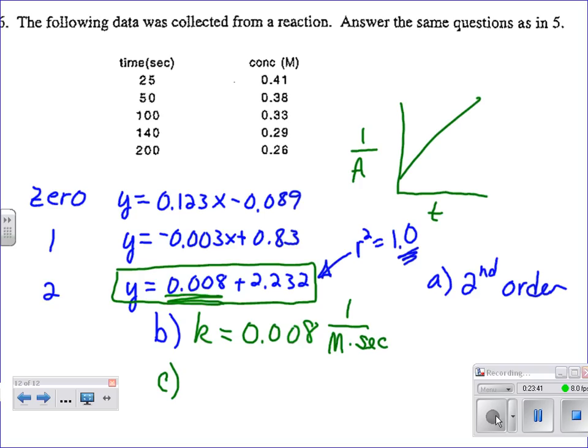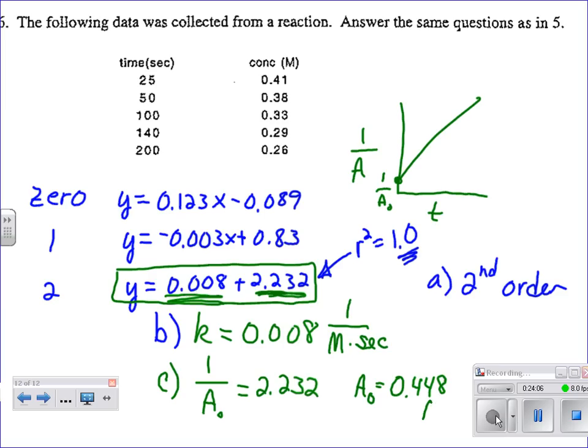So in this case, you're really looking at 1 over your original concentration, which means that 1 over our original concentration equals this value, 2.232. Therefore, take the reciprocal of that, and your original concentration equals 0.448 molar. Yay, you have completed all of these.